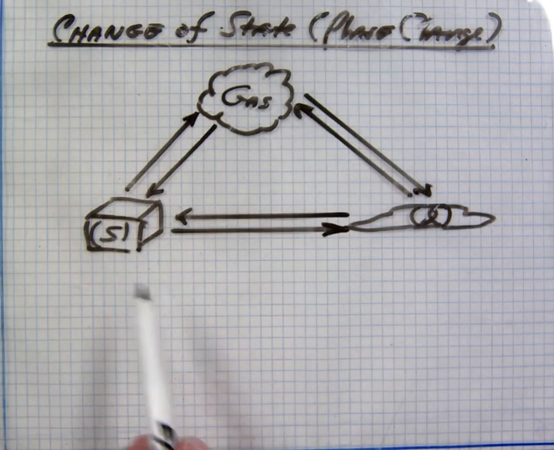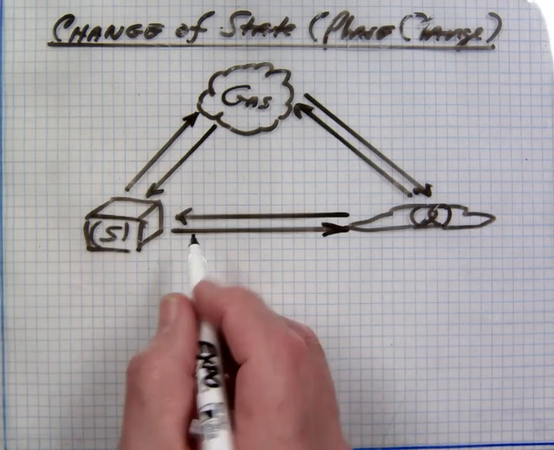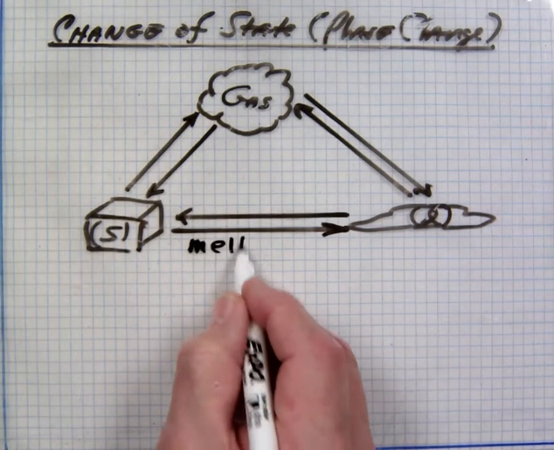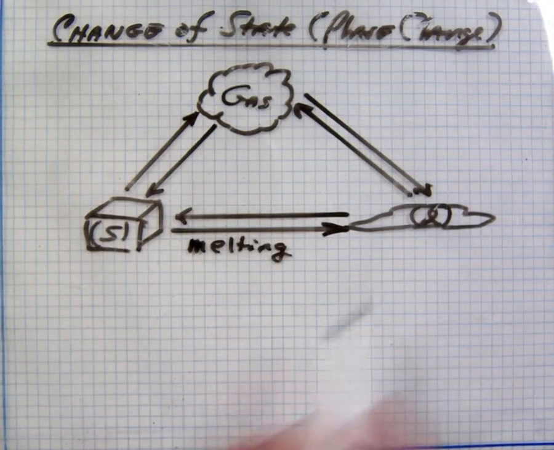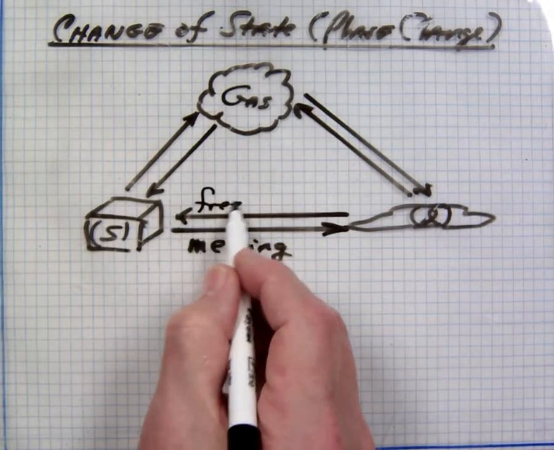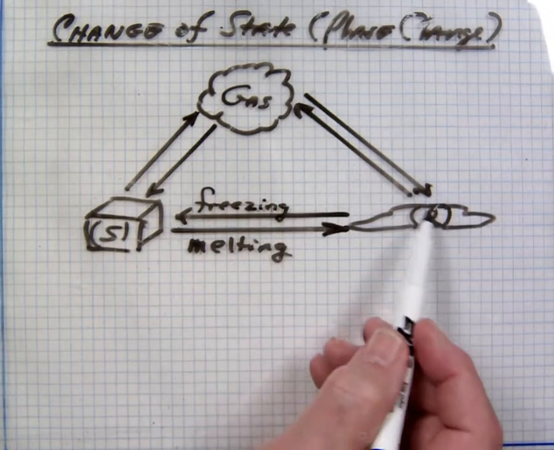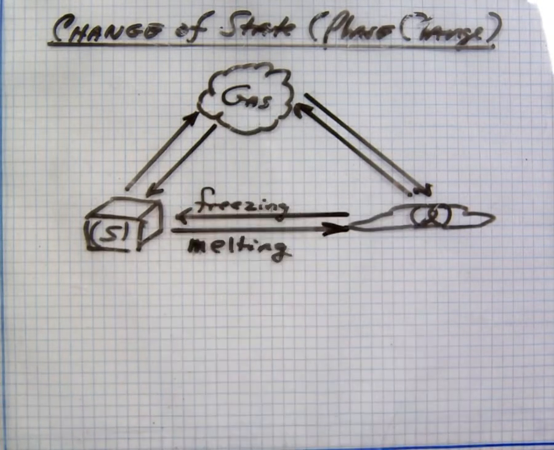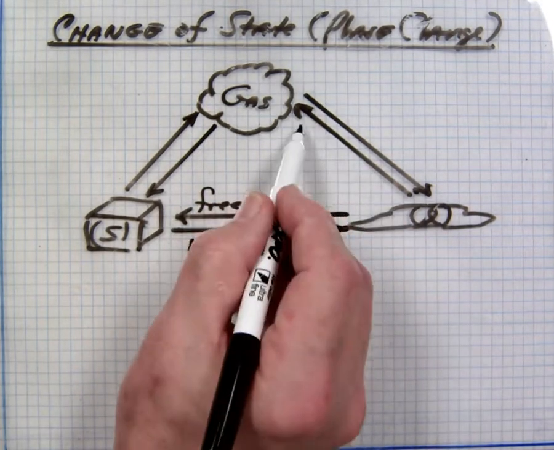Simply put, if we go from a solid to a liquid, it's melting, and vice versa. If we come from a liquid to a solid, it's freezing. If we go from a liquid to a gas, it's boiling or evaporation.